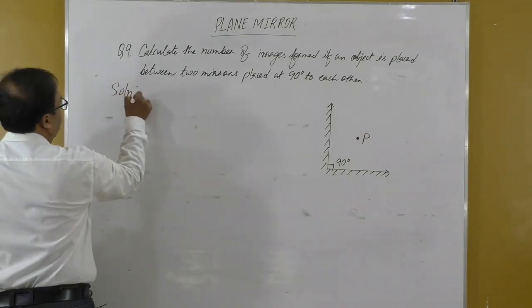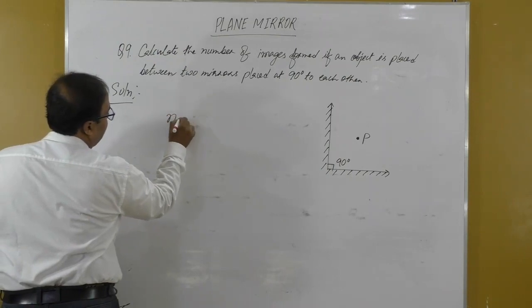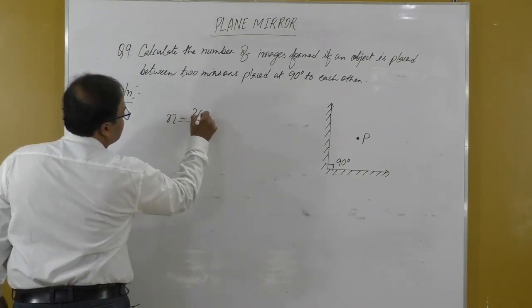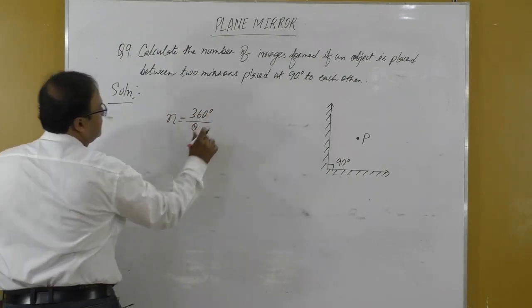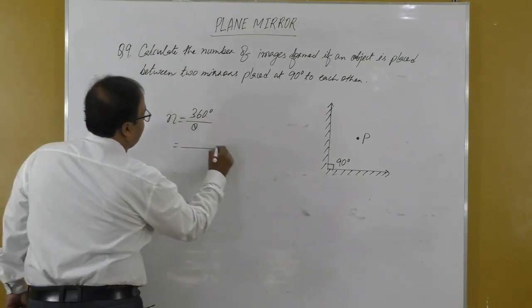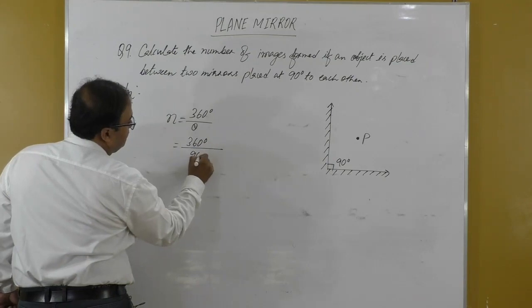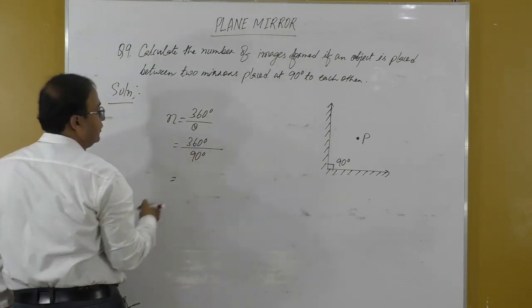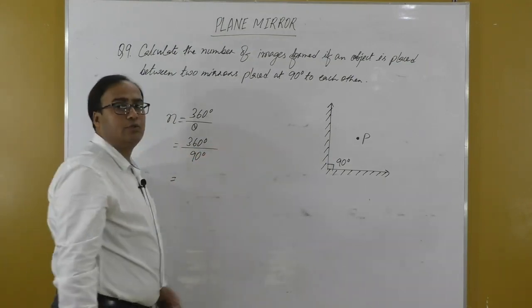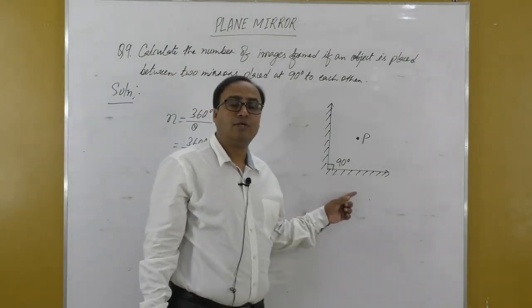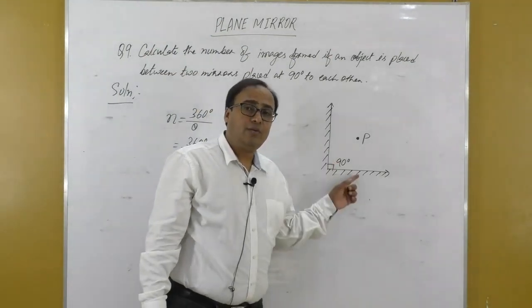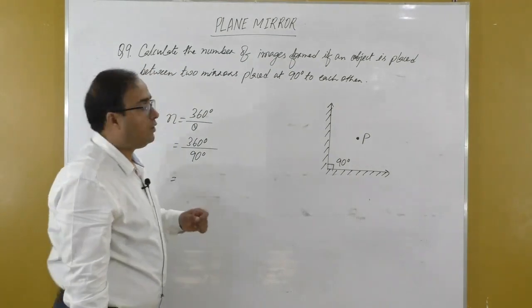We know the formula. The formula here is n equals 360 degree by theta. So the angle is 90 degree, 360 degree by 90 degree, we are getting 4. And I already told you two plane mirrors will never form an even number of images, they will always form an odd number of images.